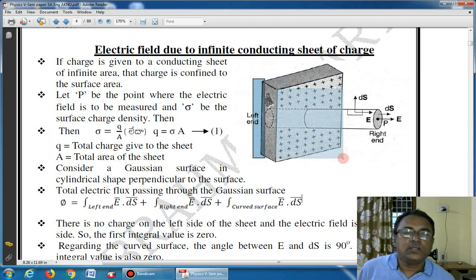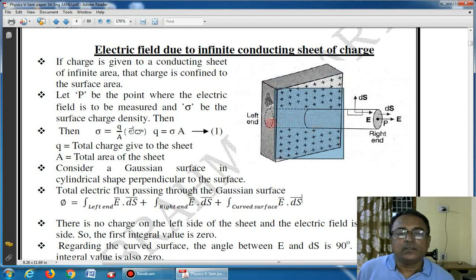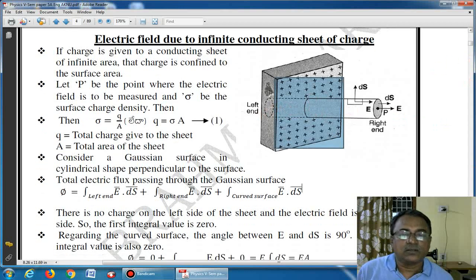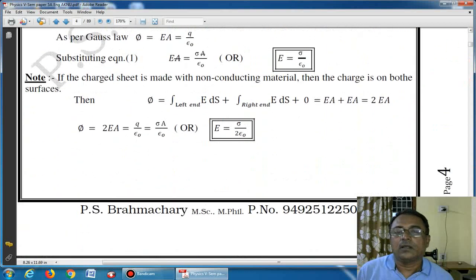So the total charge is distributed between the left surface and the right surface, and for this case the left hand integral does not equal 0, the right hand integral does not equal 0, only the curved surface value will become 0.